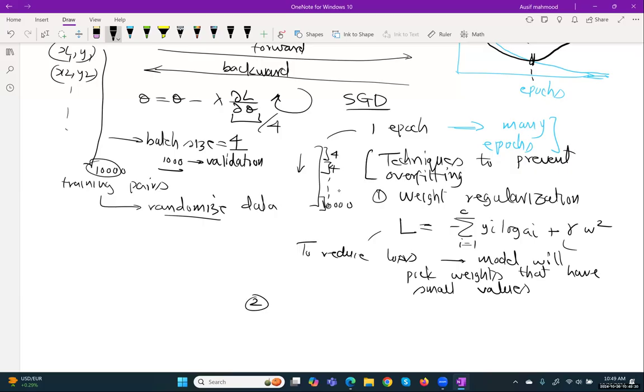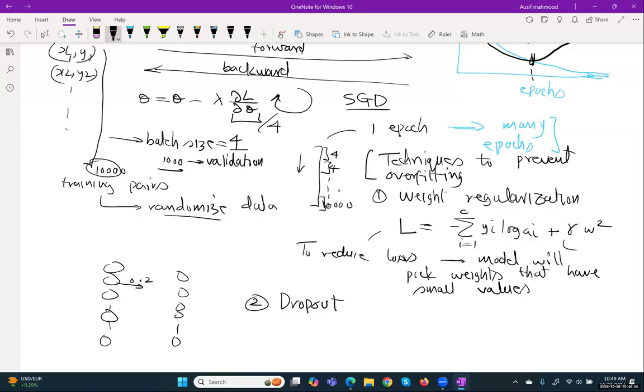What was the other technique we talked about? Dropout. And this was proposed by Hinton, who won the Nobel Prize. Very simple technique. And what was the concept in dropout? So we'll zero out, suppose it was producing 0.2.